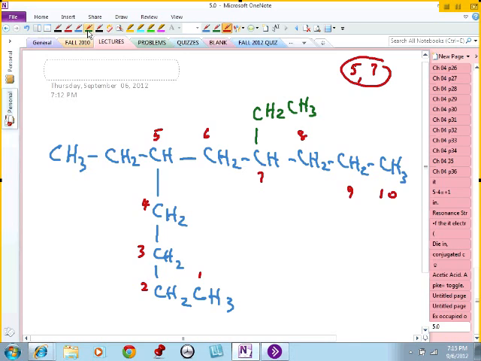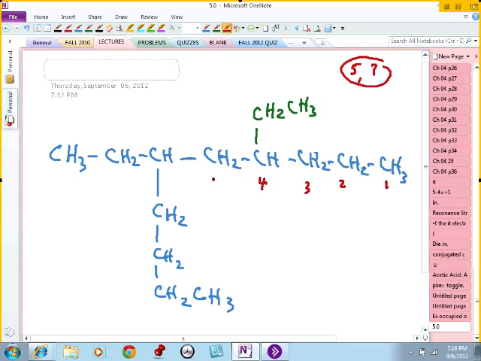Supposing we start numbering from here. From here, right? 1, 2, 3, 4.